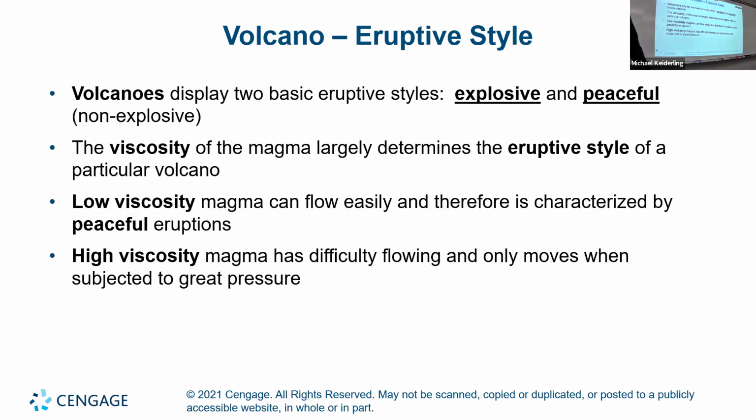I mean, there are insanely cool looking lava fountains, where from the pool of lava in the crater you can get fountains of lava shooting up, but it's not super violent. It's just lava. You have to get out of the way of the lava, but lava doesn't flow that fast.